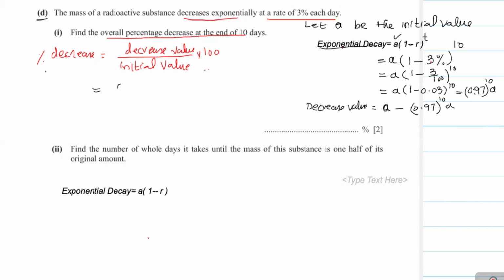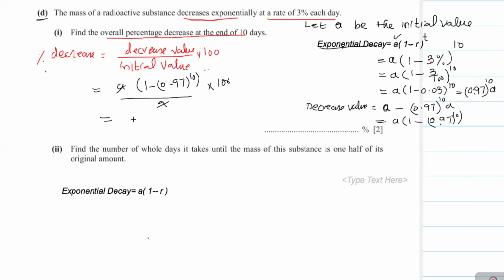Now we can write it as a into 1 minus 0.97 power 10, over a multiplied by 100, and a will be cancelled.